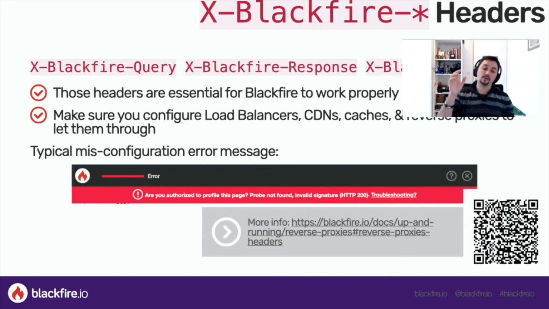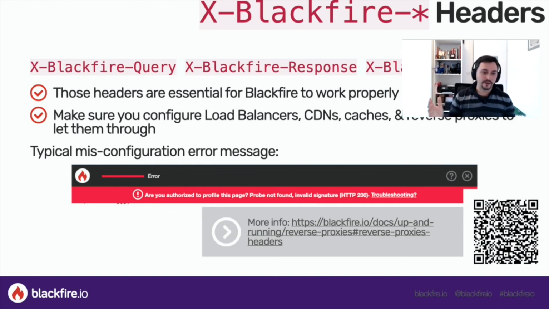So for instance, if we click on the browser extension, it's going to generate a new HTTP GET request, except that with this GET request, a special Blackfire header will be added. And this is the signal for the probe to start collecting the data. This is the reason why an end user is not going to be impacted by the Blackfire instrumentation and overhead, because that end user is not going to generate a Blackfire header.